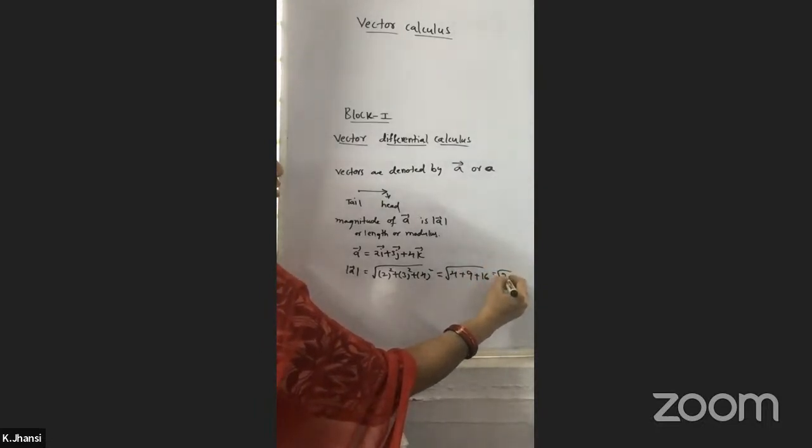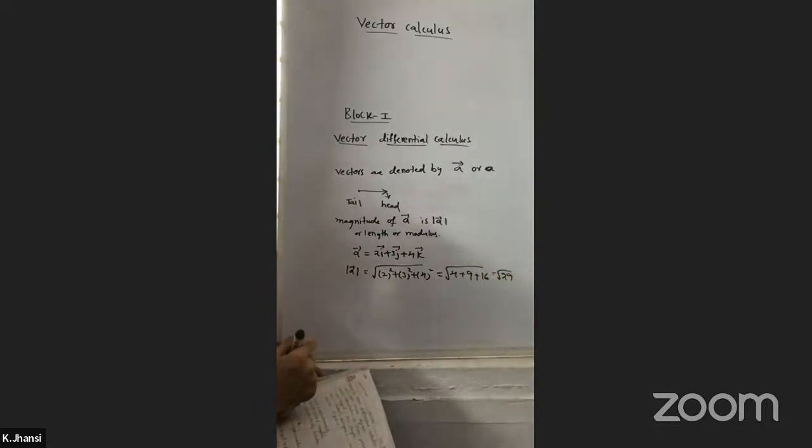It is root 29. Like this, we find the magnitude of any given vector. This concept is useful for solving problems.